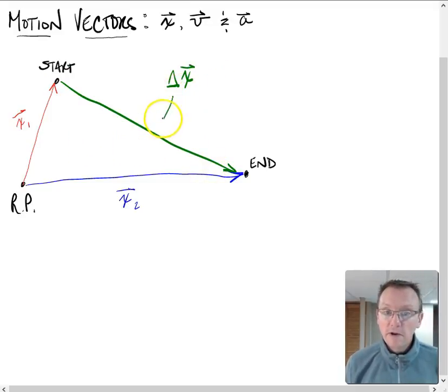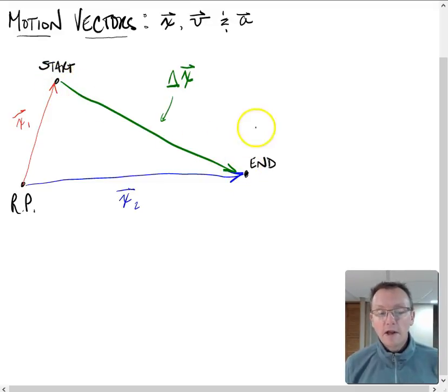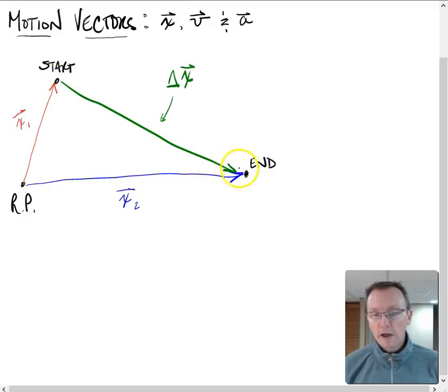That is the displacement vector right there. You can see that it started here and it ended there, and that's how much it changed its position. And that's what this means, right? Delta x is change in position or displacement. So that's the displacement vector. The object moved from here to there, so it has a distance of that much motion, and it is moving in that direction. So hopefully that makes sense, that we can use that as a descriptor of the motion of the object.